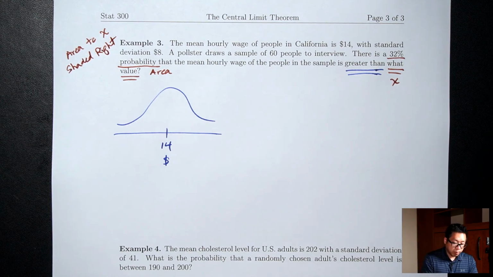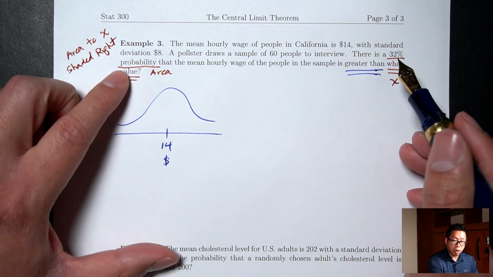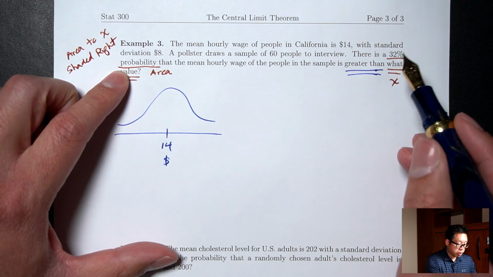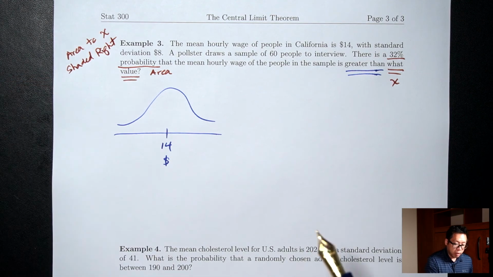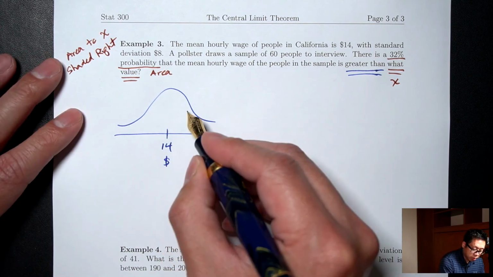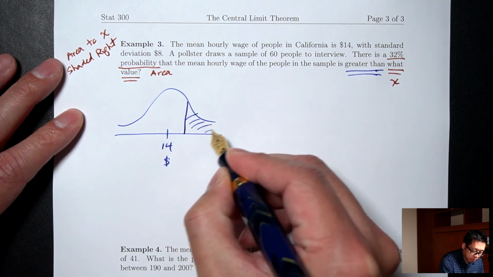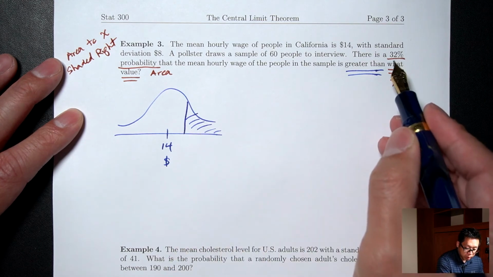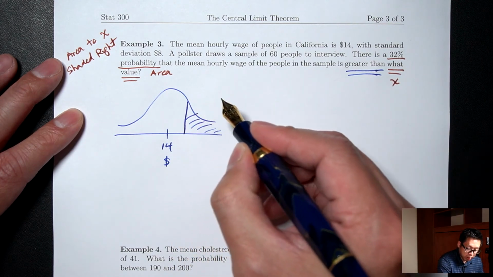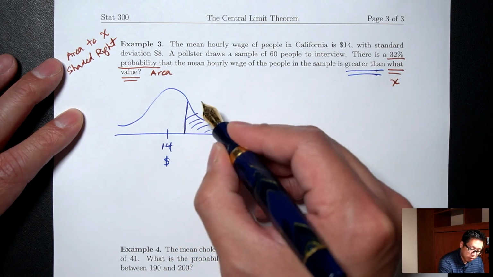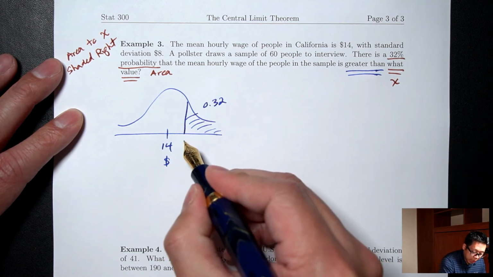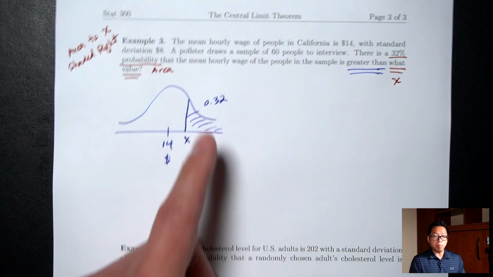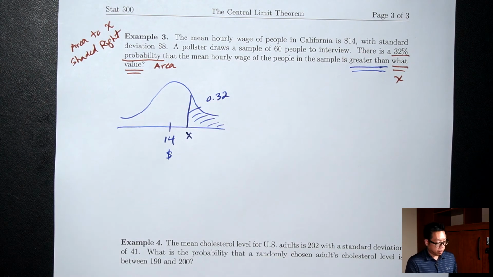Shaded to the right, I need to put this 32% on my picture. That 32% is an area, so that doesn't go on the x-axis. That's going to go up top here, to the right. 32% is this area to the right. 32% as a decimal is 0.32. And then I'm looking for an x that has an area of 0.32 to the right.